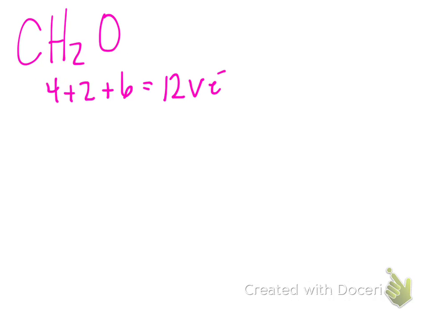The order in which the elements go gives us a clue as to how they're bonded. This one says CH2. That tells us that these H's are going to be bonded to carbon, and then carbon's also going to be bonded to oxygen. That's a little bit hard to pick up on sometimes, but our skeleton should look something like this: C, O, and then we'll have H's over here bonded off of carbon.